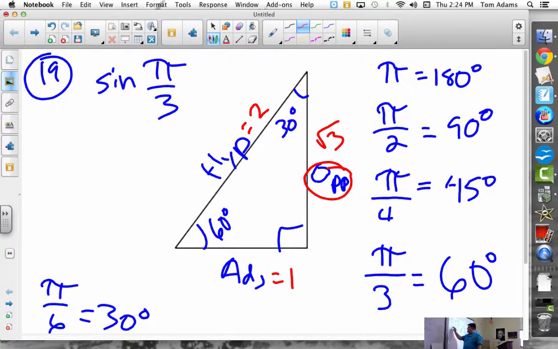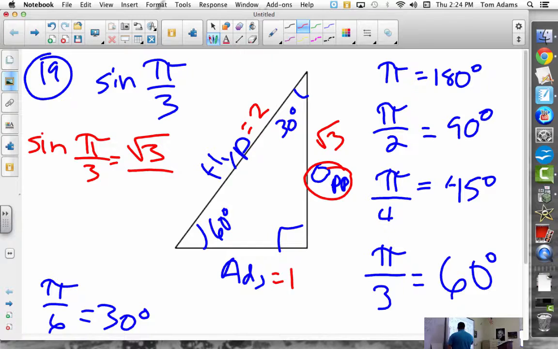So sine of theta, which in this case is pi over 3, is equal to the opposite, which is square root of 3, right? Over what? What's sine? Sine is the opposite over the hypotenuse. 2.